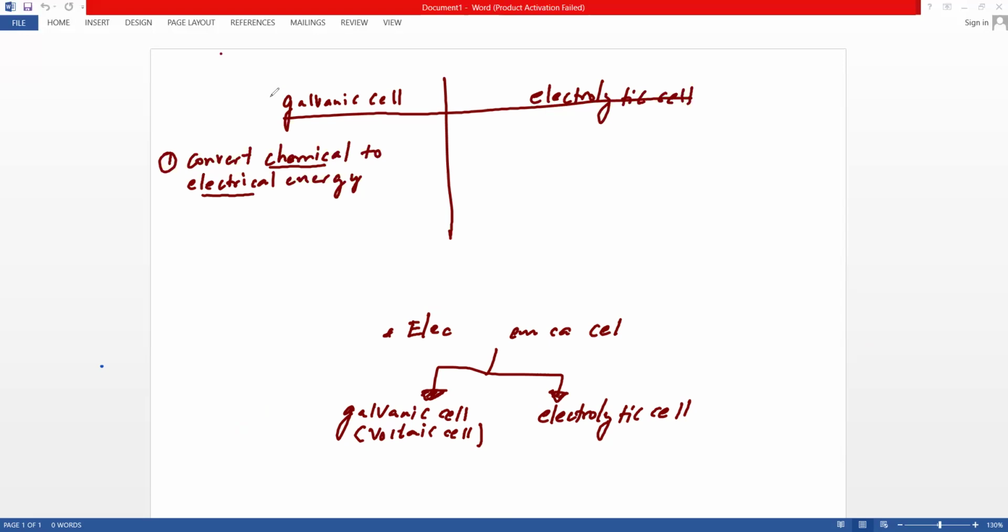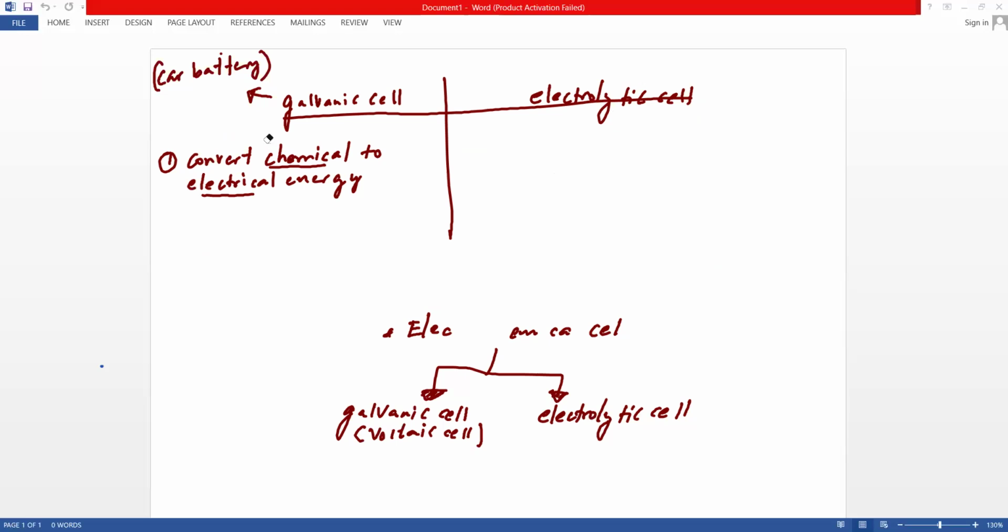One example of a galvanic cell is a car battery, because the battery has chemicals, and with these chemicals it produces electricity. This is very important. One must be able to differentiate between a galvanic cell and an electrolytic cell.